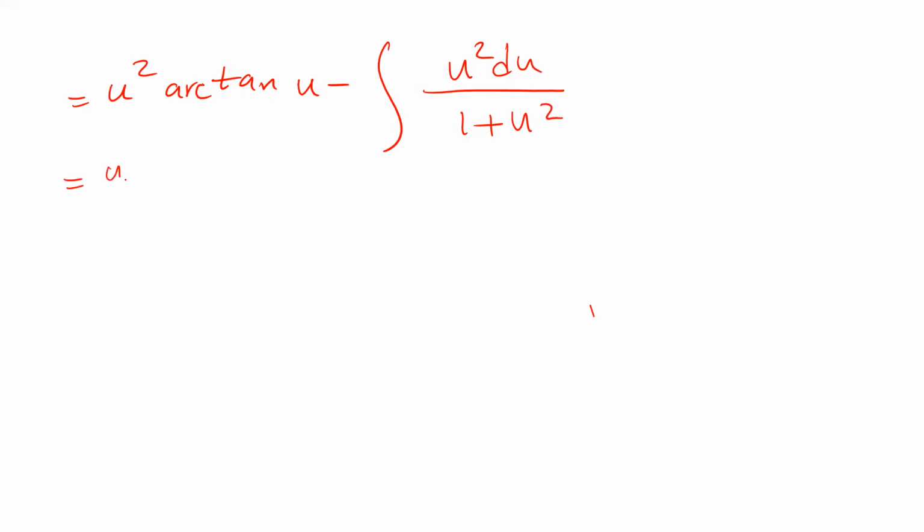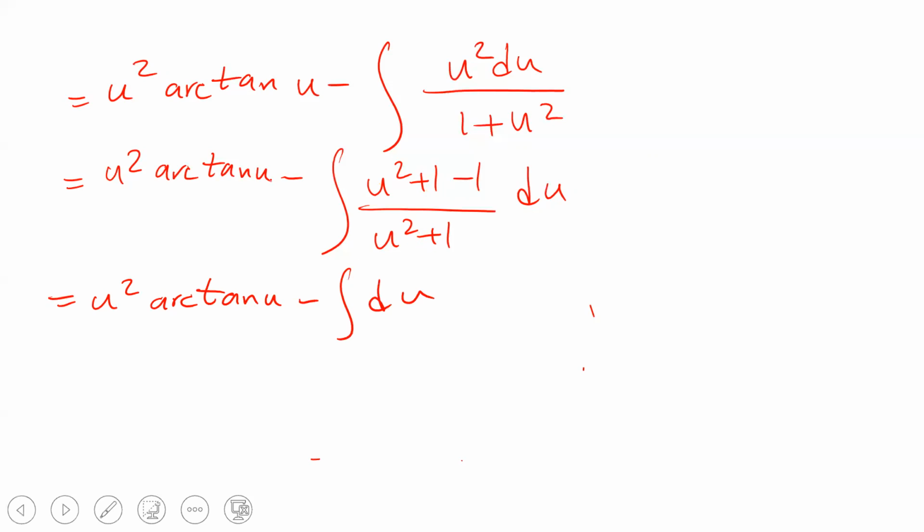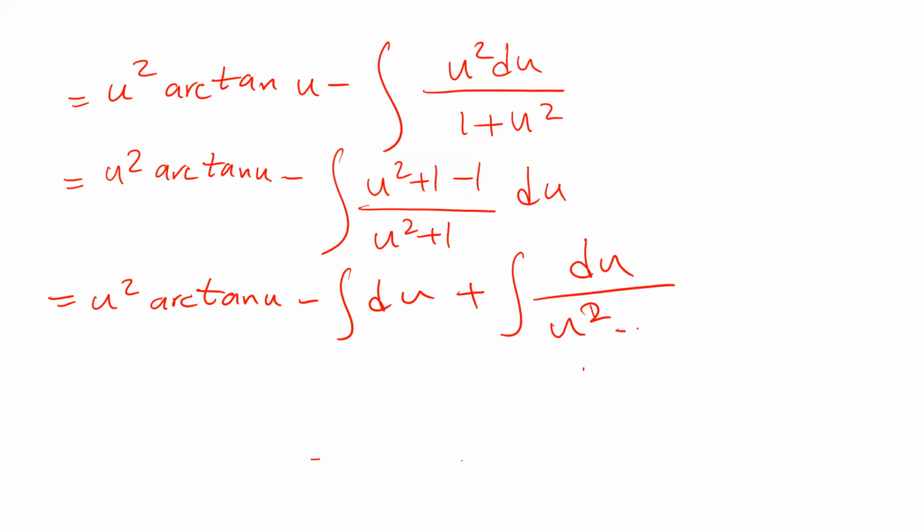Now you can write this as u² arctangent u minus the integral of (u² plus 1 minus 1) divided by u² plus 1 du. And you can write it as u² arctangent u minus the integral of (u² plus 1) divided by (u² plus 1), which is 1 times du, that will be du, minus minus will be plus the integral of du divided by u² plus 1.